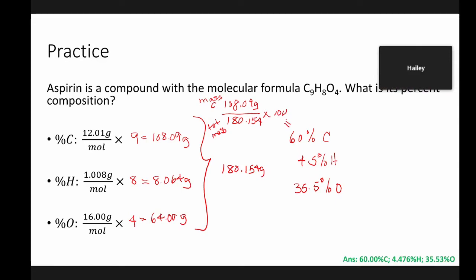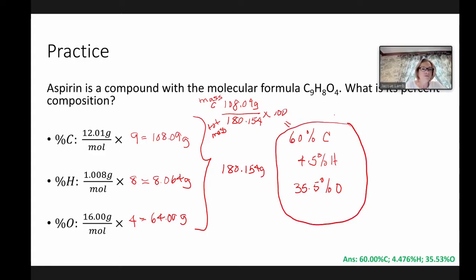So this is the composition for aspirin. Aspirin is 60% carbon, 4.5% hydrogen, and 35.5% oxygen. When you add them together, sometimes when you do it this way, you'll find it doesn't quite add up to 100. It should add up to close. It might add up to 99.9%. It might add up to 100.5%.